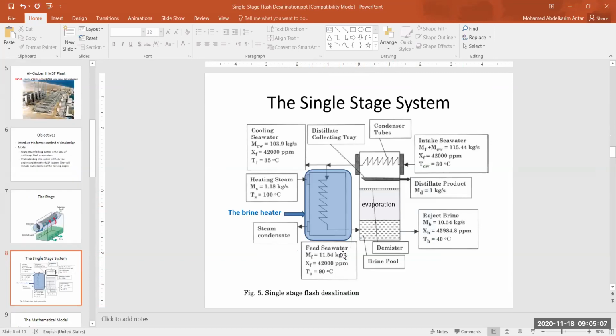This is what you see in a single stage system, and actually, the figure here is telling us a lot. This is the brine heater, the one which is shaded in blue. And this is the stage. What happens? Seawater is coming here at a temperature of 30 degrees centigrade, salinity of about 40,000 ppm, a flow rate of about 115 kilogram per second.